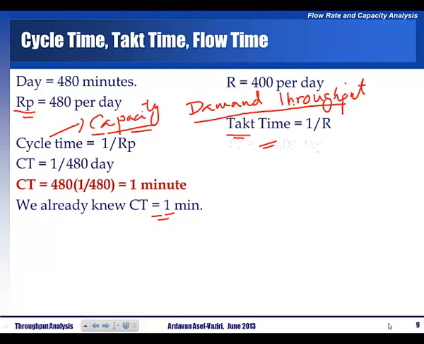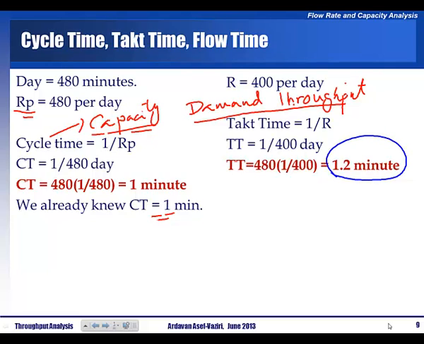And that is correct because takt time is 1 over 400 day, and if you multiply it by 480 minutes per day, that would be 1.2 minutes for takt time, while the cycle time is 1 minute.